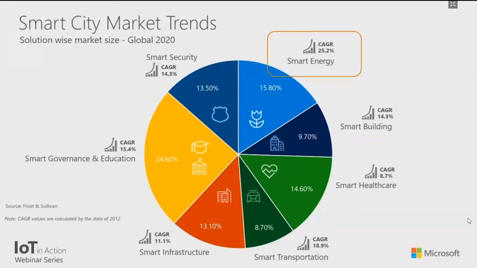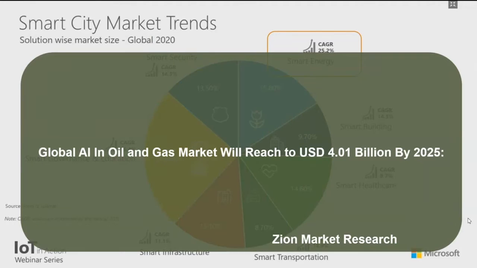Another report, from Zion Market Research, mentions that the global AI in oil and gas market will reach 4.01 billion US dollars by 2025.